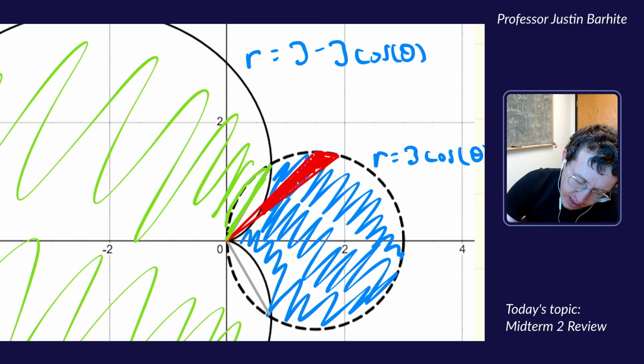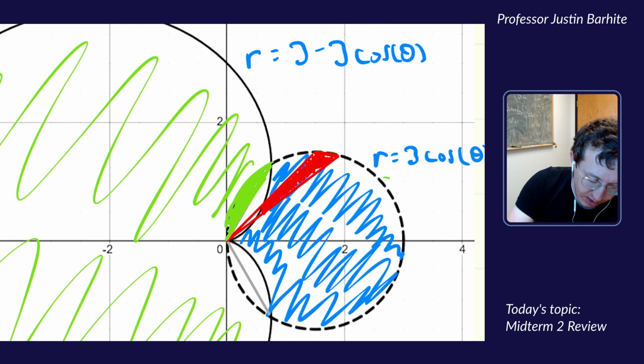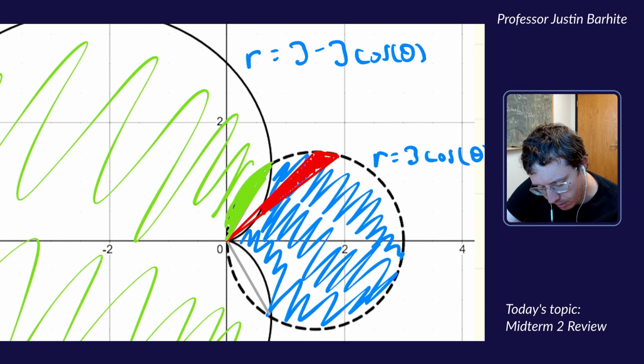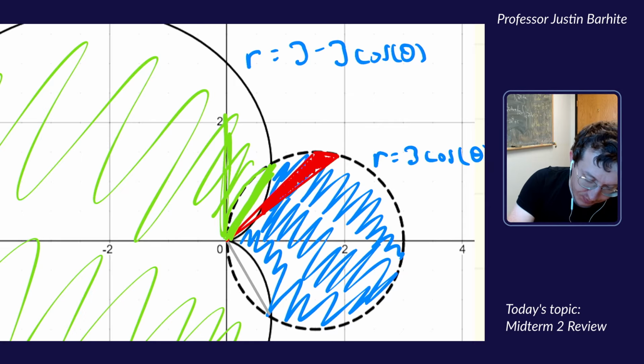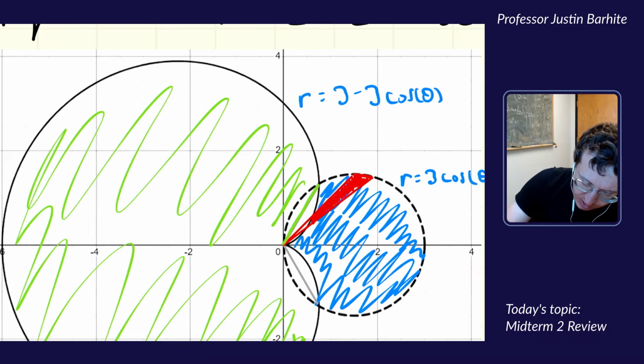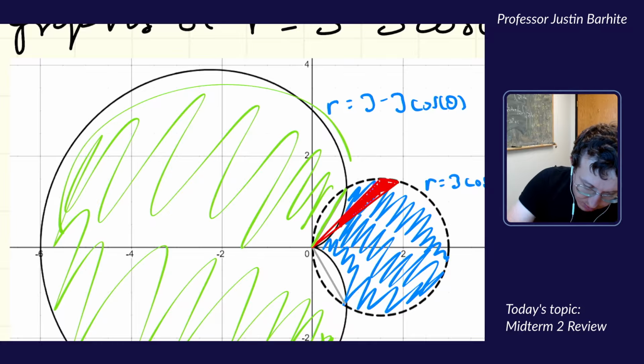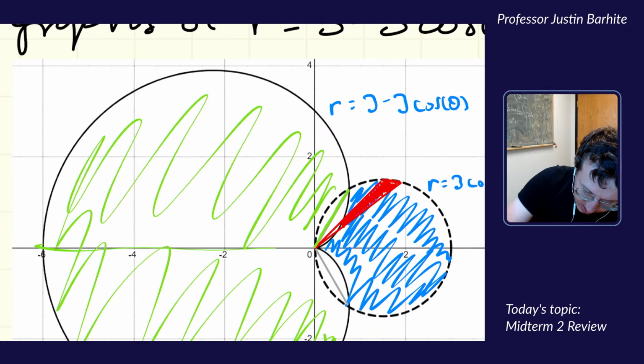And I could find this area by integrating the circle, the r equals 3 cosine theta. I could integrate that from pi over 3 up to pi over 2. So in practice what I would do is integrate the cardioid from pi over 3 up to pi just to get the top half.